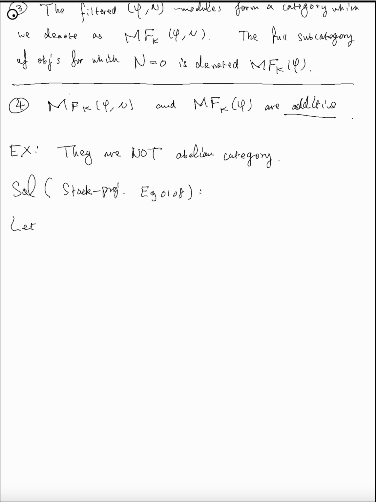Which means that the filtration gives some complexity. So let D1, D2, let's take 2. And it's the same counterexample that works for both MFK phi n or MFK phi.